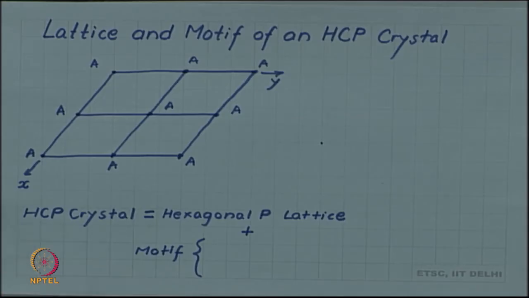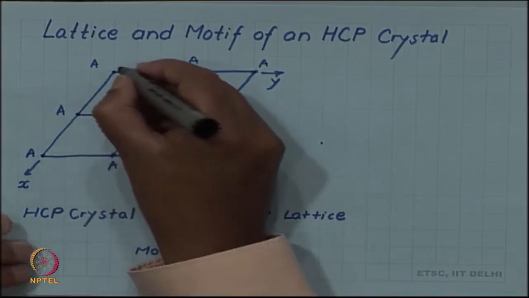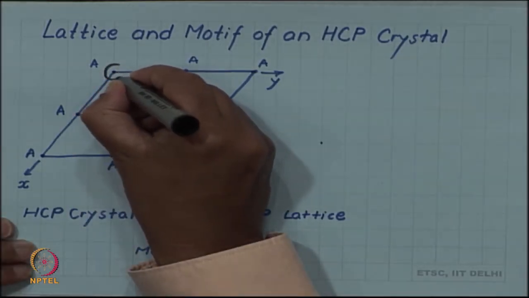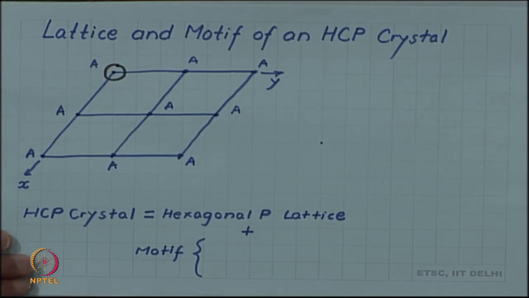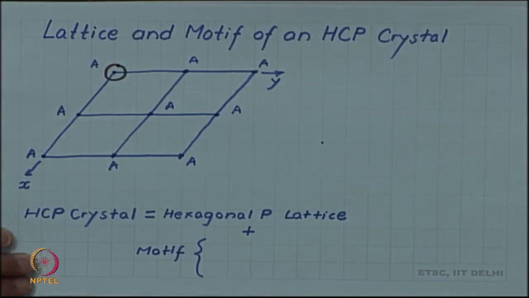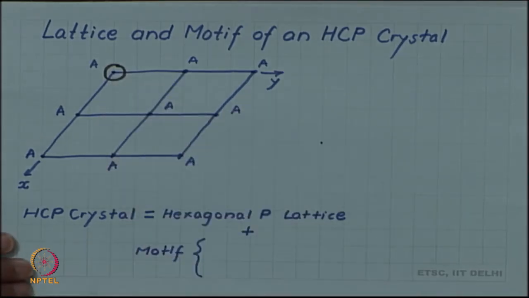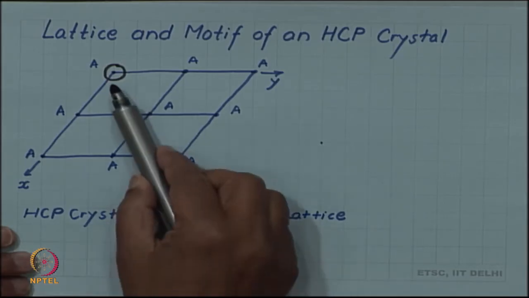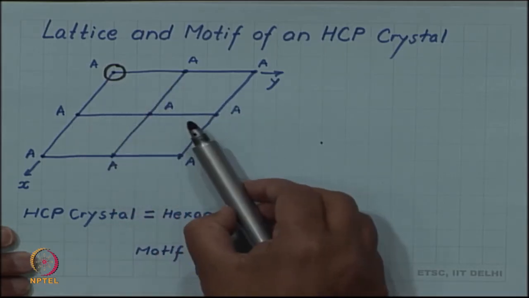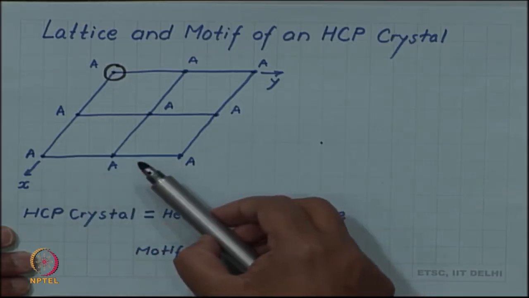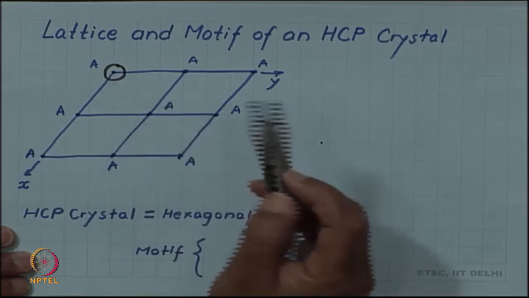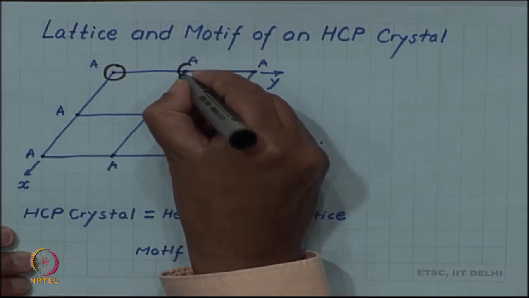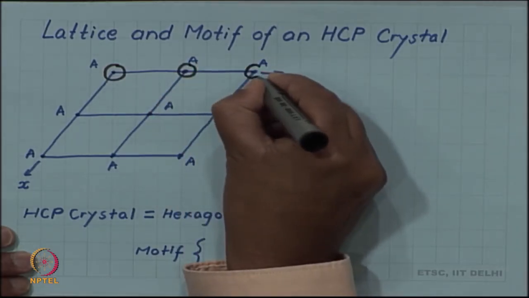So, to build up our structure, let us first place an atom at one of the lattice points, one atom at this lattice point at the origin, let us say. As soon as I do this, since all lattice points are translationally equivalent, they should have identical surroundings. So, if this lattice point gets an atom, all such lattice points get an atom.